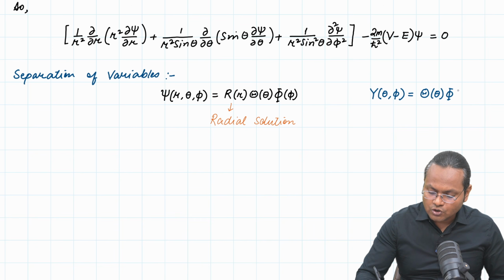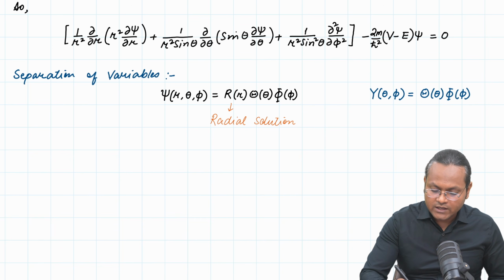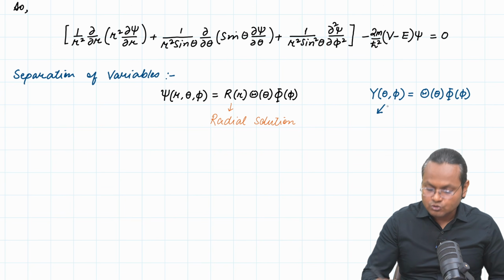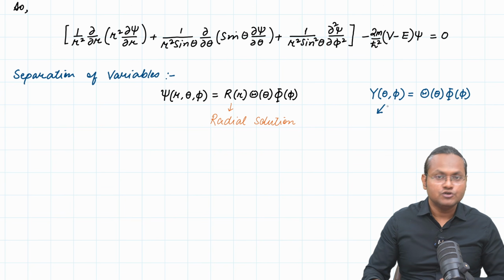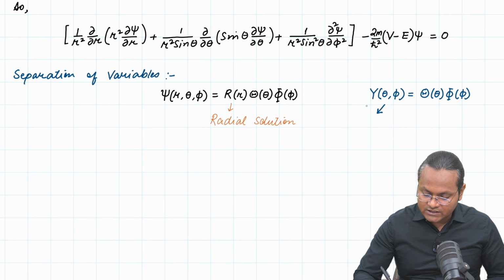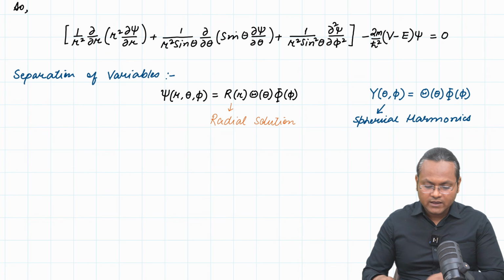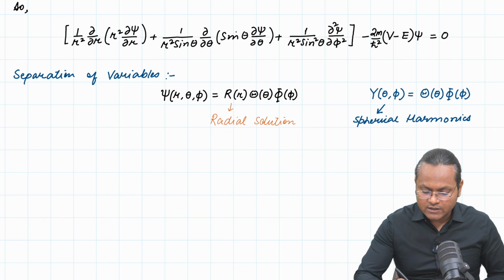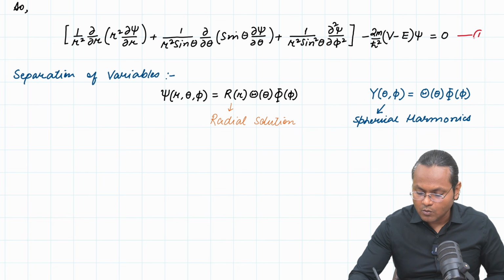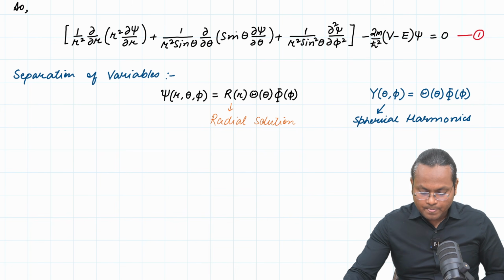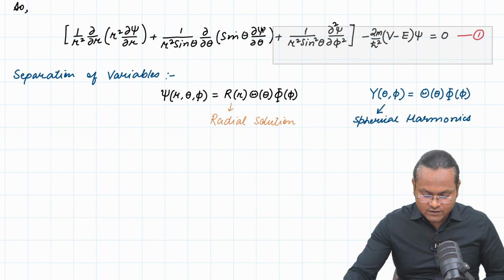We will need to solve each of them individually and understand the detailed nature of its solutions to appreciate the final solutions that we are going to get. So these are spherical harmonics. When I substitute R and Y in our above equation, let me say that this equation is equation number 1, then the equation further simplifies.